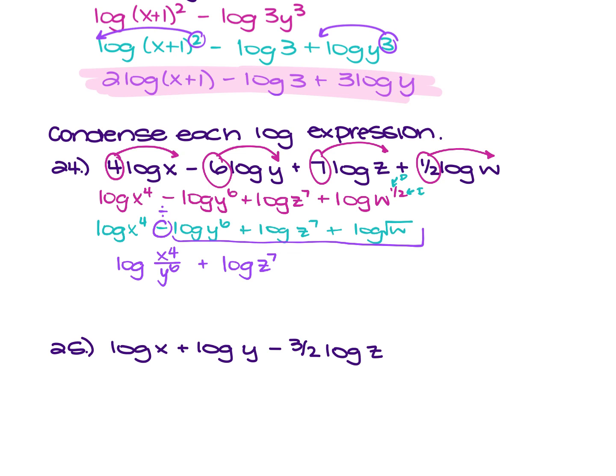So really, you can just do your x to the 4th power up top, and then it's going to be over all of the y to the 6th power, z to the 7th power, and the square root of w. So it's just going to be the log of x to the 4th power over y to the 6th power, z to the 7th power, square root w.